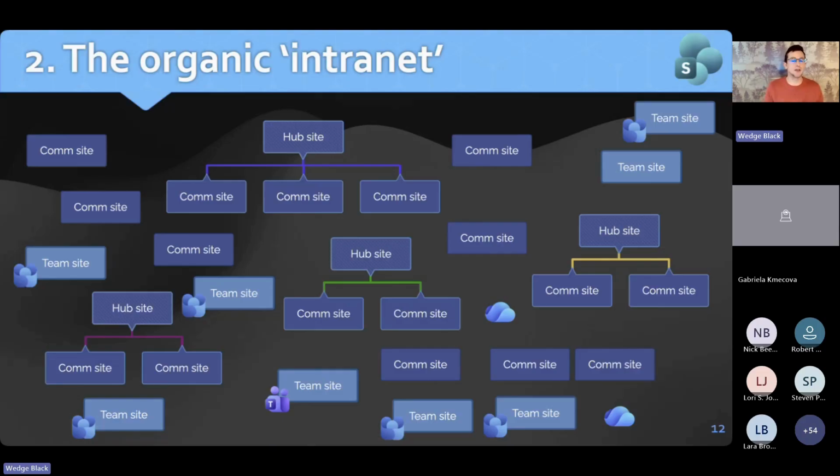It might be for a really good, useful, strong purpose, its own separate audience or shared audiences across the organization. It's very likely that all of these sites in the organic intranet are very operational based. They're focused on day-to-day work, and so they're incredibly valuable. But it's a disconnected experience.